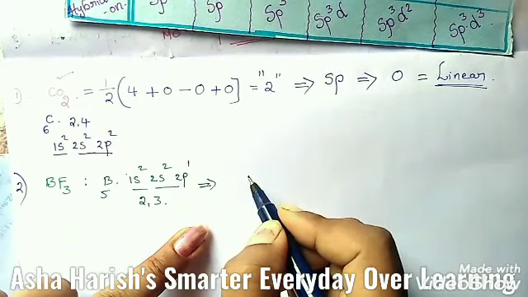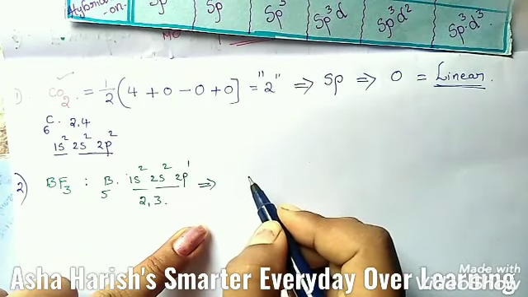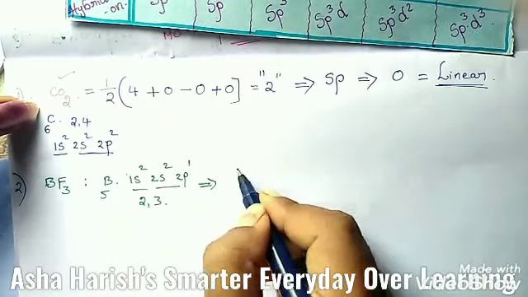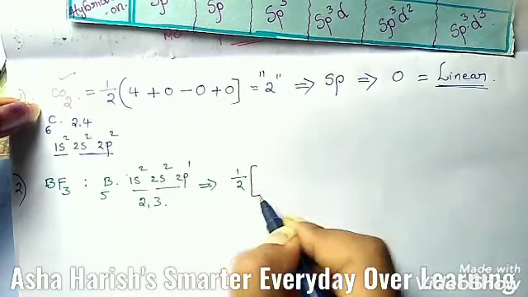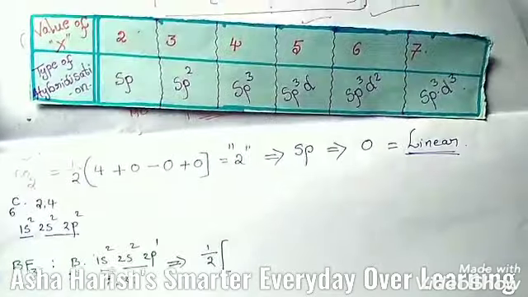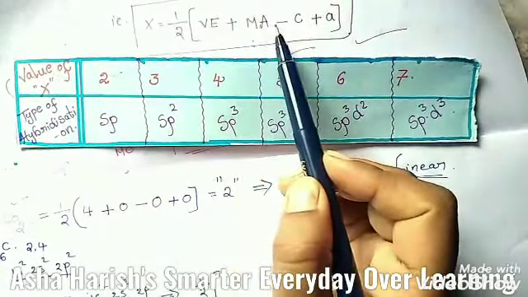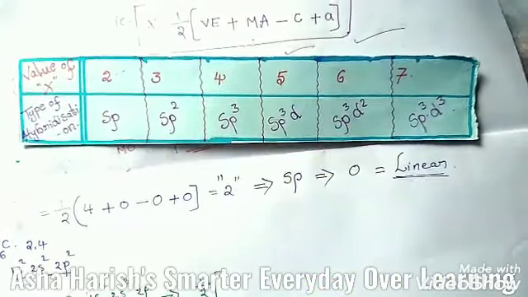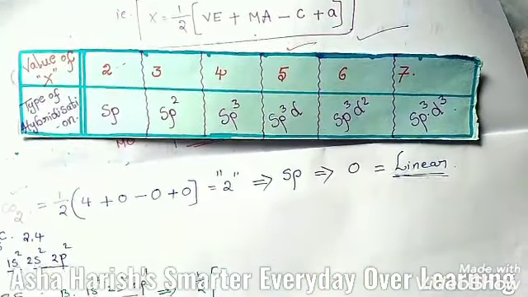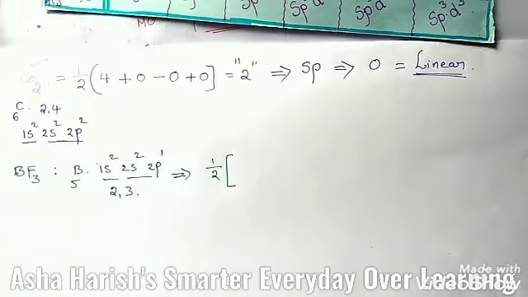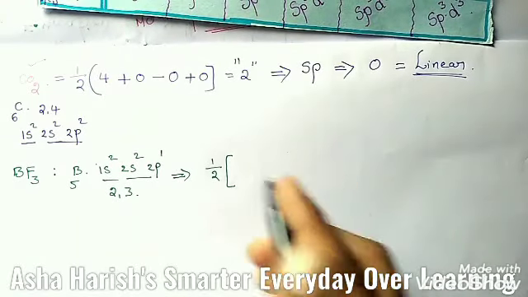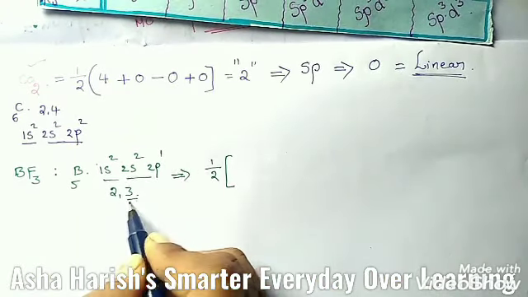For the calculation of the X value, X is equal to half into, you know that formula. Okay, this is the formula: VE plus MA plus C minus A. Here VE, that means valency electrons, half into valency electrons are 3 here.